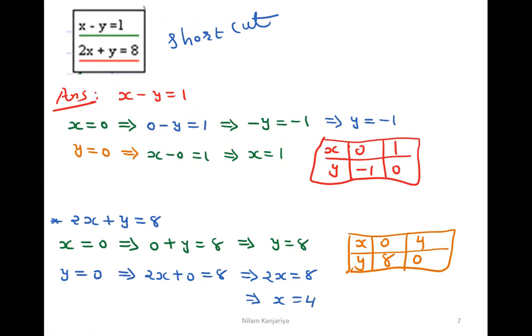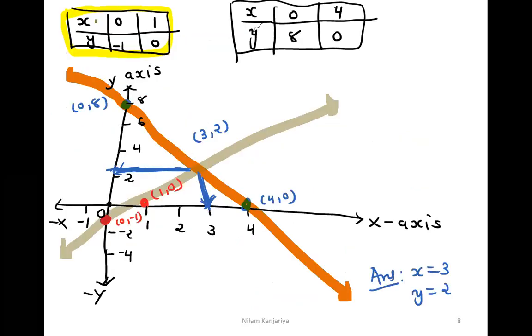Similarly, you are able to find the next table. And join these 2 points. You draw the straight line, and you must extend it. And then draw the next line and see where they intersect. And this intersecting point is known as your solution.